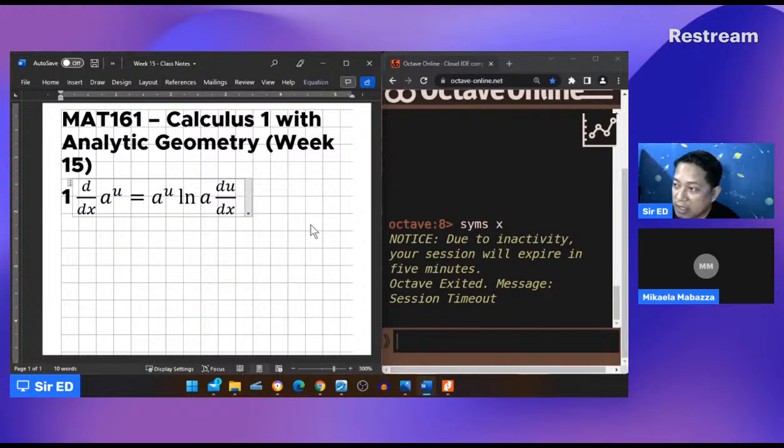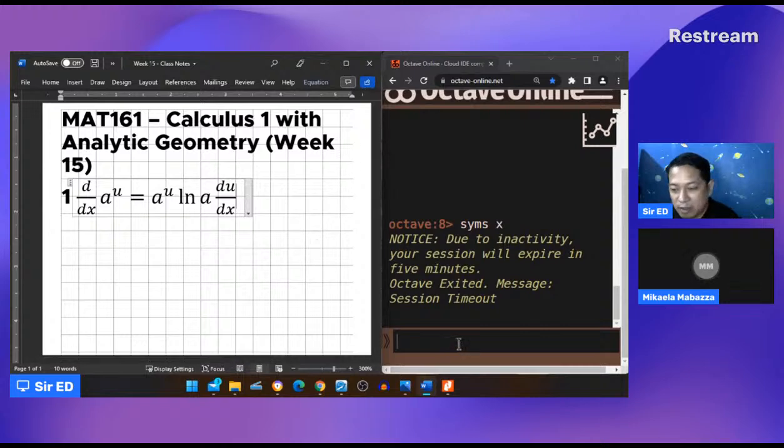But for e raised to x, you need to find the limit of e raised to delta x over delta x as delta x approaches 0. You will make an assumption there, and you will have a derivation. That would help you in solving for the derivative of e raised to x.